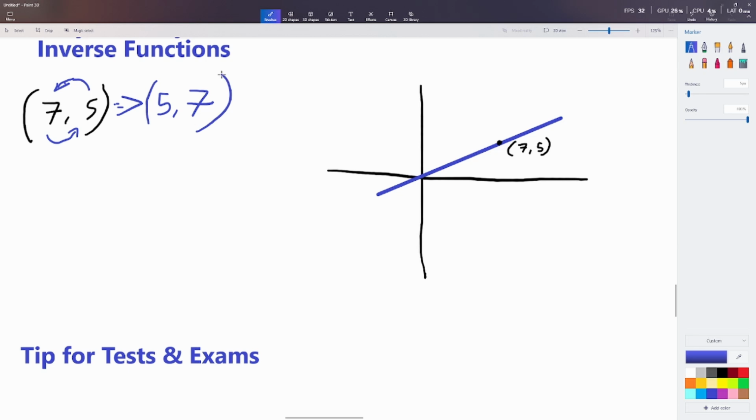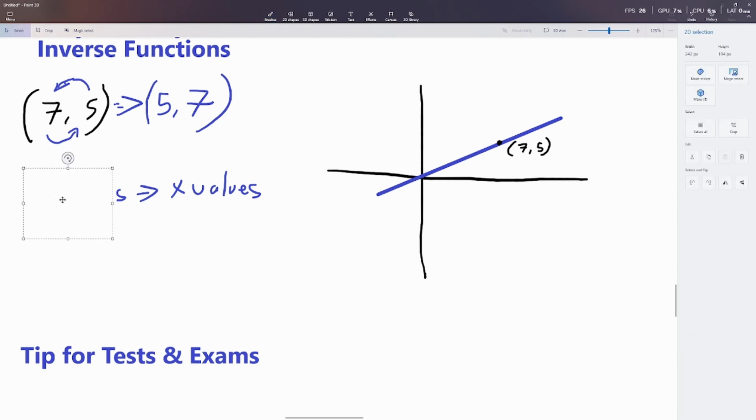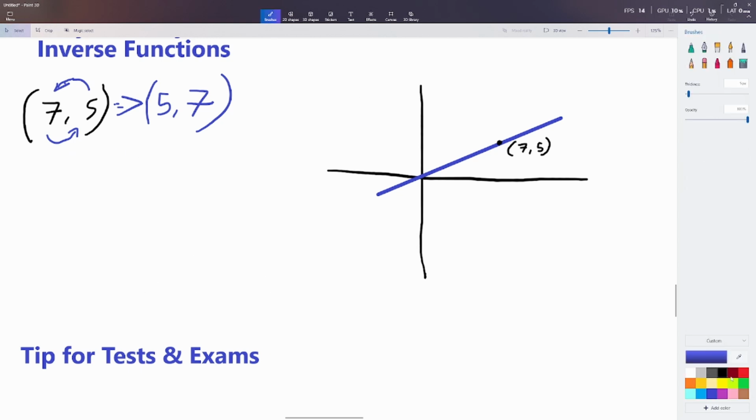And this essentially means that you switch out the y values with x values, giving it a better understanding. And you have to also understand that the inverse functions are usually given the notation of f minus 1. This is an inverse function.